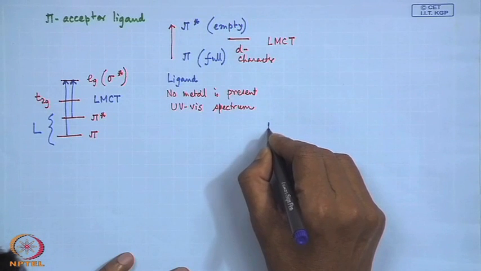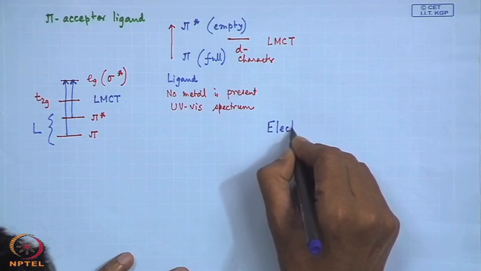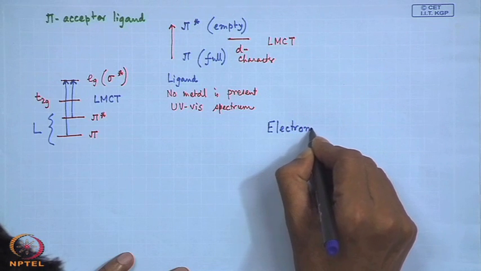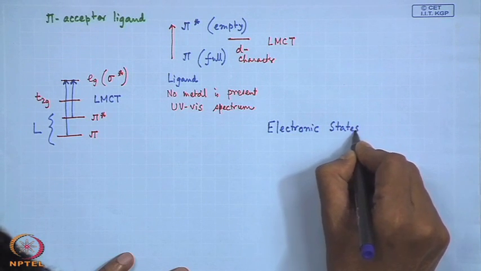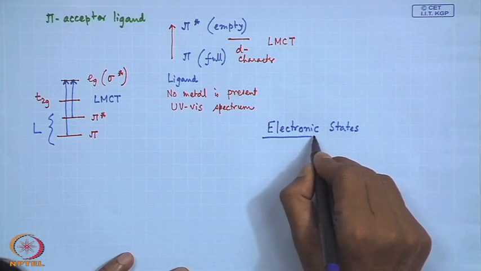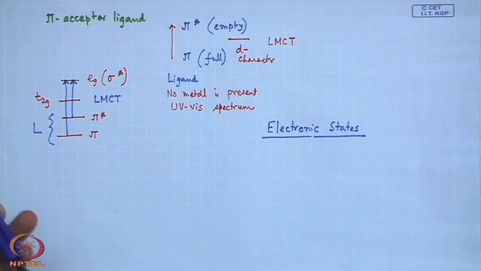So, we will now go for the different term symbols for these different electronic states. So, we can have several electronic states, and these electronic states are responsible for these transitions.